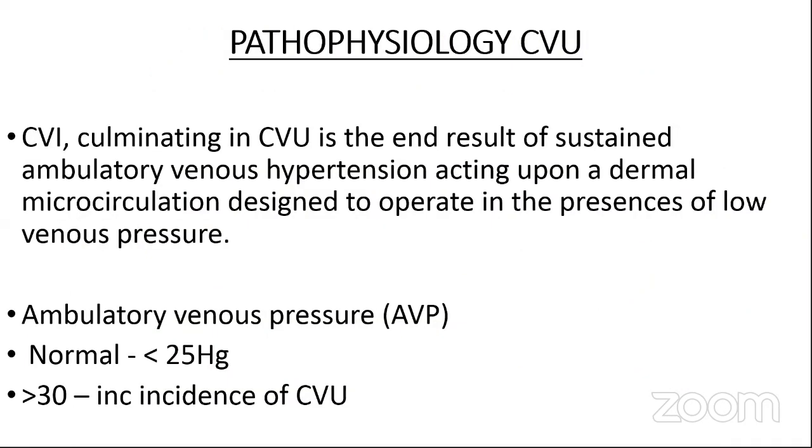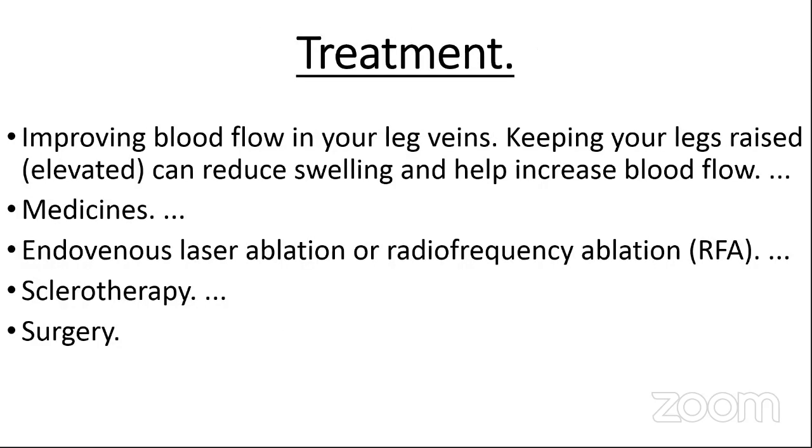Usually it is due to venous hypertension, and because of this stagnation of the venous column, it will cause all these changes. Now, treatment of this venous ulcer is to improve the blood flow in the legs. You have to treat these varicose veins and ask them to do exercises so that the calf muscles function properly, and at night to elevate the limbs so that the edema comes down.